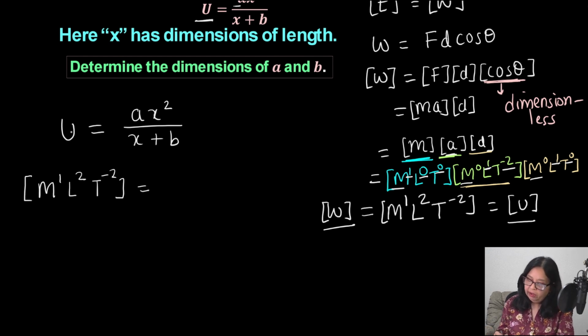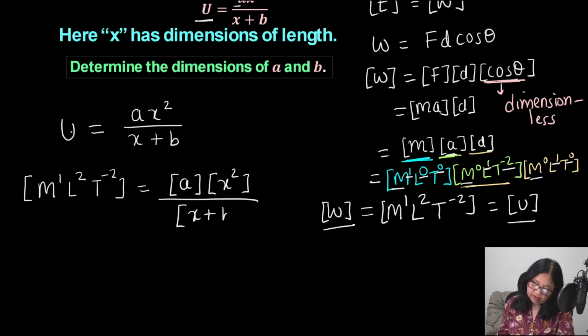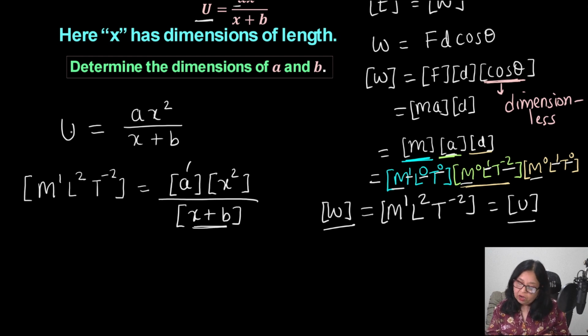On the right hand side, I have the dimensional formula for A, dimensional formula for x squared, and dimensional formula for x plus b here. Why? Because x plus b, now it's an expression, okay? While at the top, a and x are being multiplied. So there is this difference, okay?